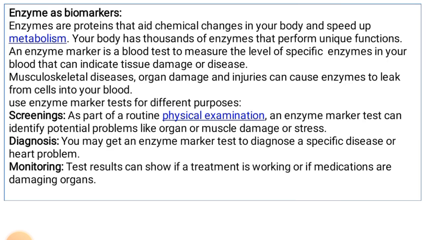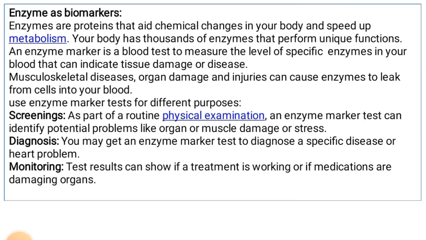So what exactly are we doing when we use an enzyme as a biomarker? Simply, we take a blood test. In the blood, if a particular type of enzyme level is higher than normal, then we infer that there is some tissue injury or disease in that body.